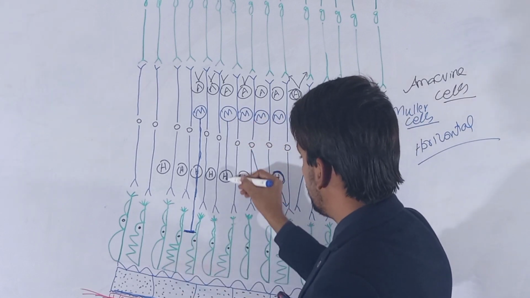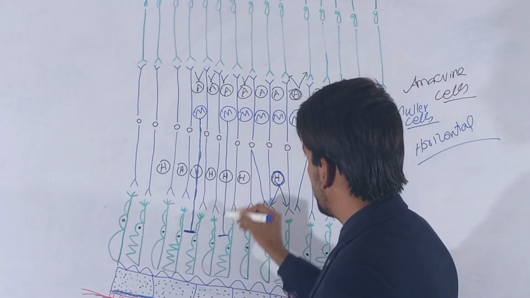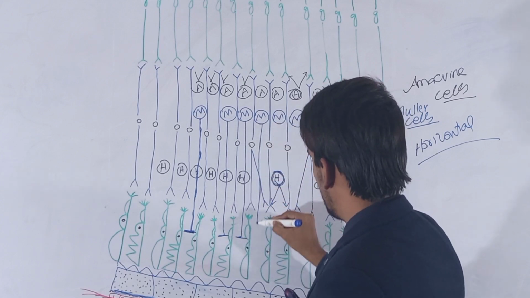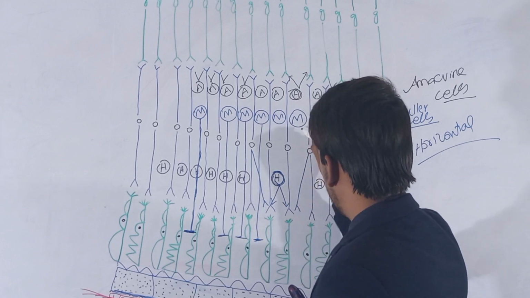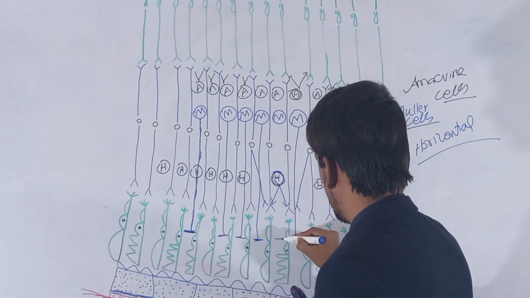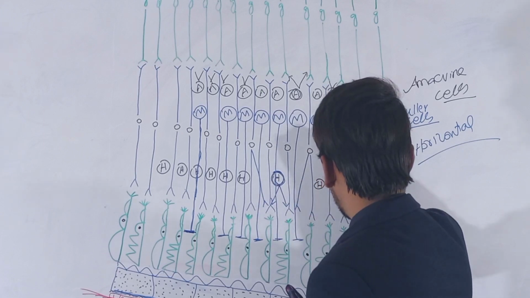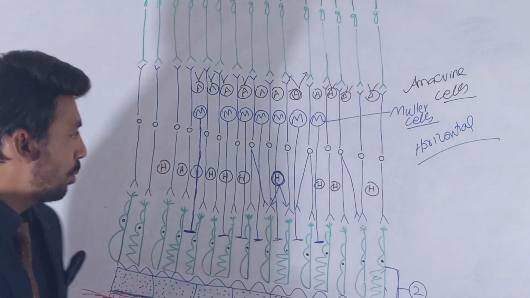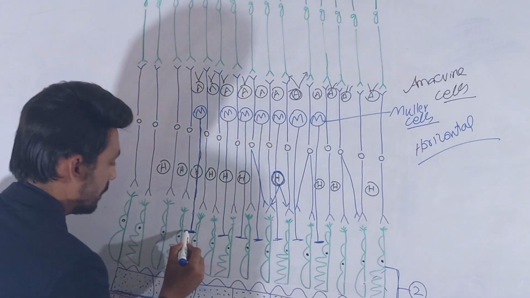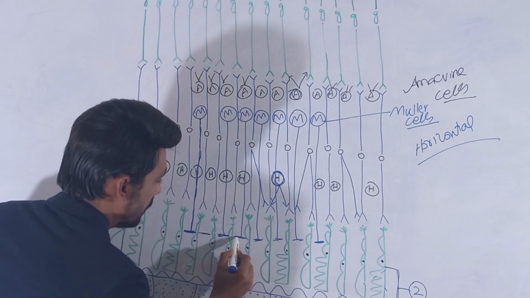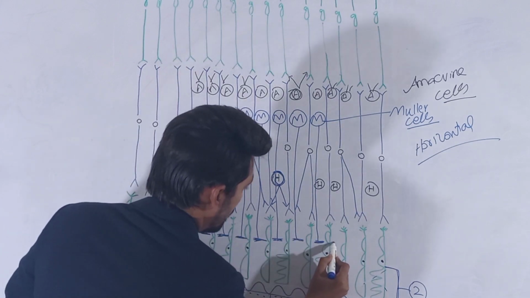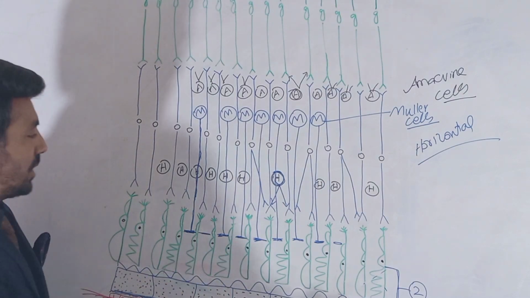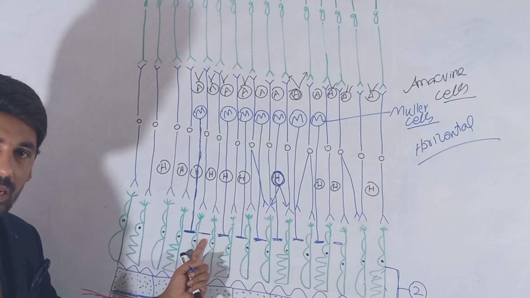And again, it will make a new layer. These Muller cells will make a new layer in the portion of the photoreceptor cells, and this is called the outer end of the Muller cells.